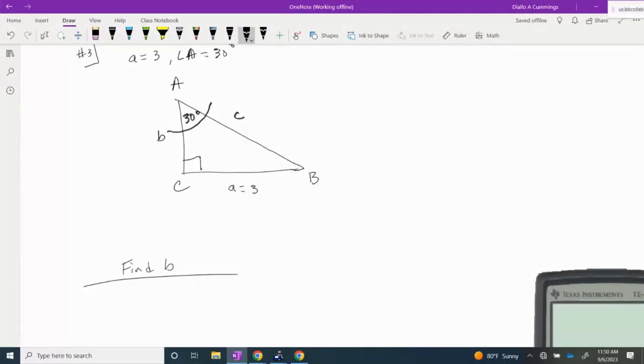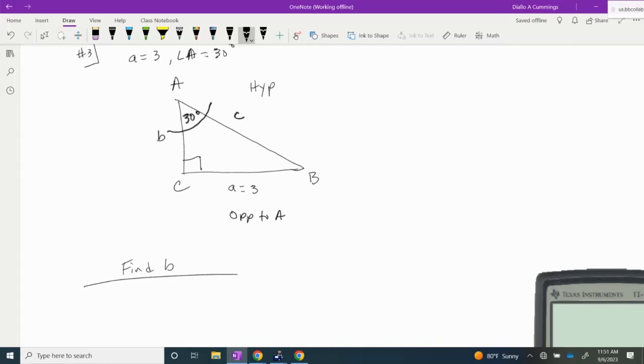First, I'm going to start with the hypotenuse. The hypotenuse is always opposite the right angle, so that is side C. Angle A is my reference angle, so side A is opposite to angle A. That's my opposite side.